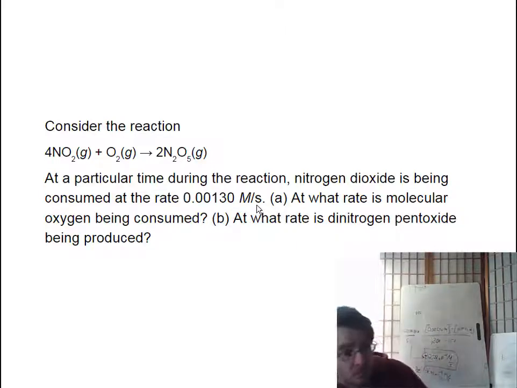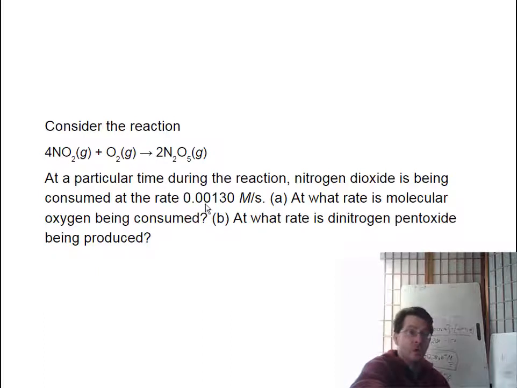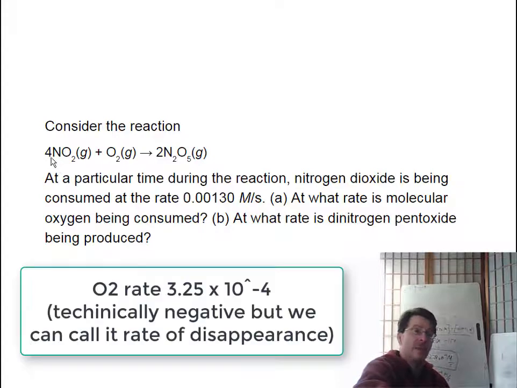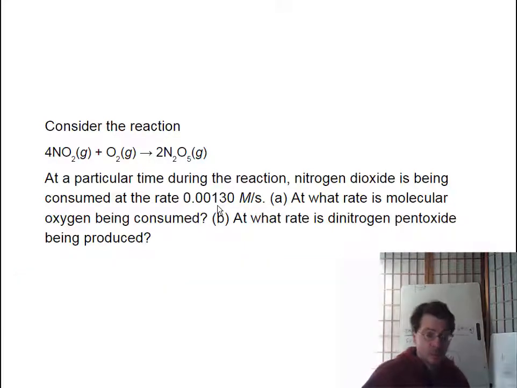Right? Well, if this was 0.0130 molar per second, that's how many molar of the NO2, the oxygen would be consumed 1/4 as much. And so as the amount of NO2 decreases, for every 4 of these, it consumes 1 of these. So if these are at 0.0130 molar per second, this will be about 0.0033 molar per second.